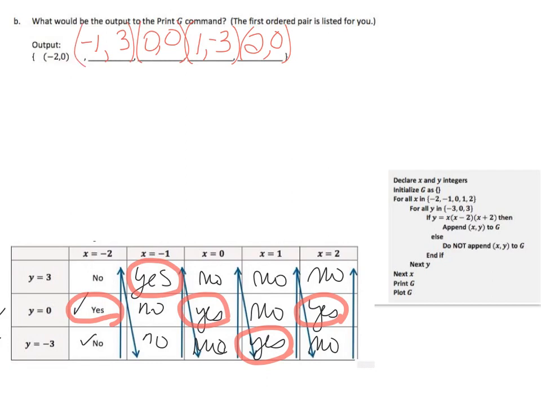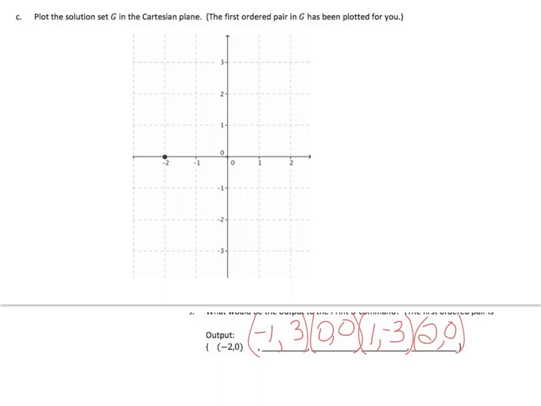Cool. So to plot these, I would plot -2, 0, which is done for me, -1, 3, 0, 0, 1, -3, and 2, 0. There we go. I've got nice dots. So the yes answers give me a dot on the Cartesian coordinate plane. A little look into things. I'm giving you extra knowledge today.